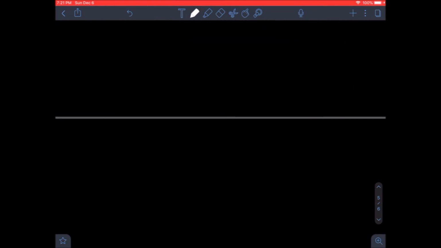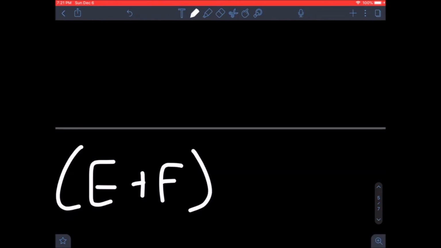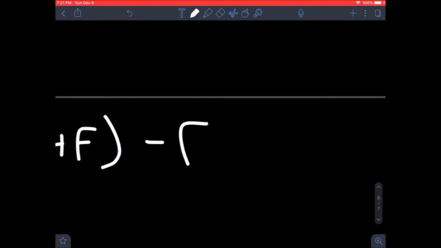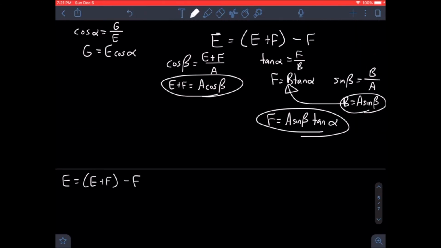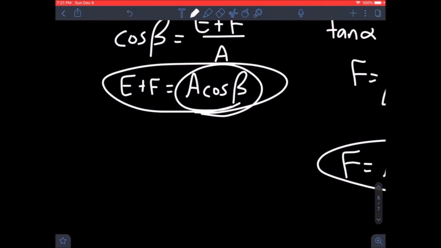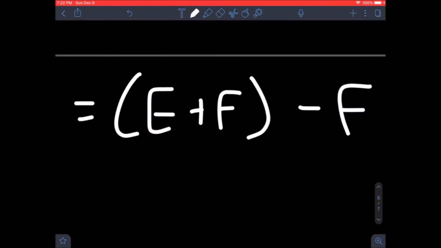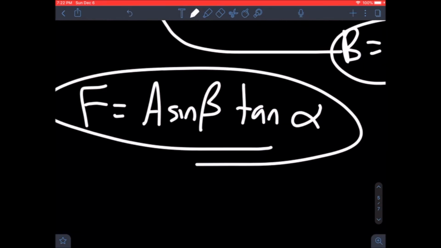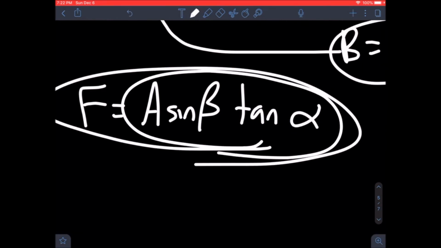Let's go to the next page. Let's just recall, E is equal to E plus F minus F. And E plus F is just A cosine beta. And F is A sine beta tan alpha.